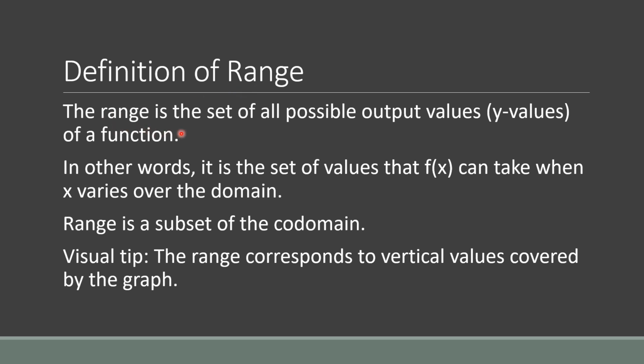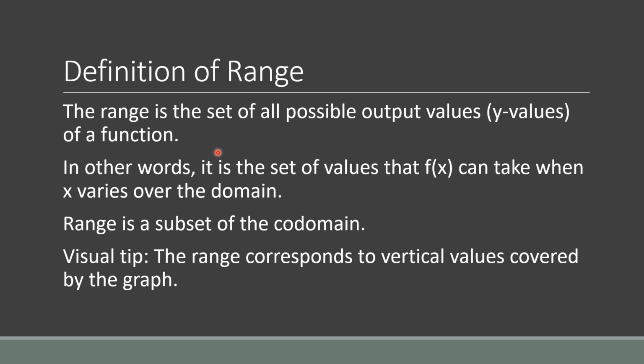The range is a set of all possible output values, in bracket the y values of a function. In other words, it is the set of values that f of x can take when x varies over the domain. Range is a subset of the codomain.